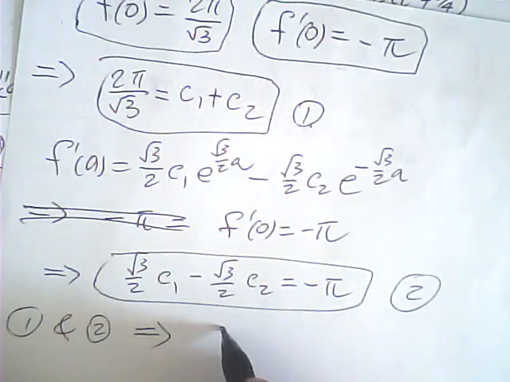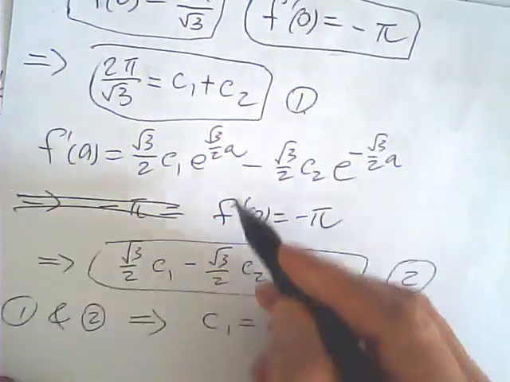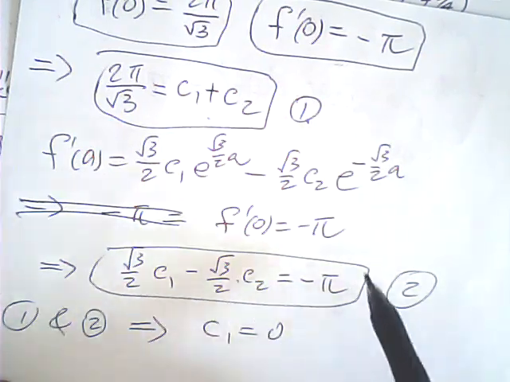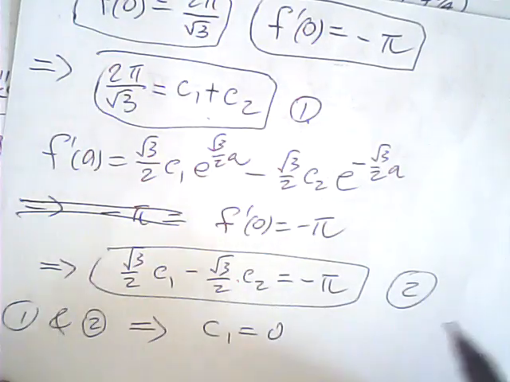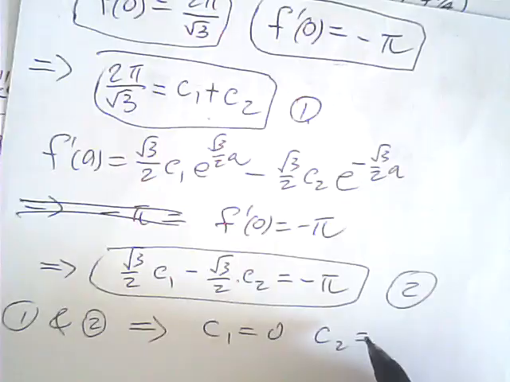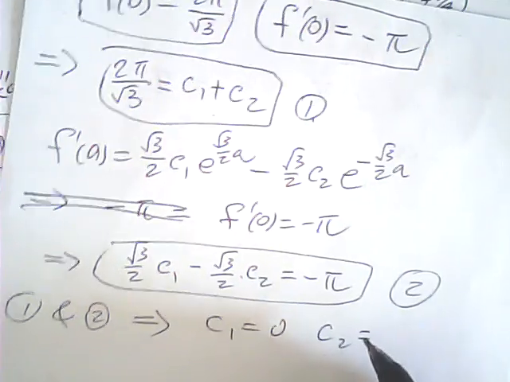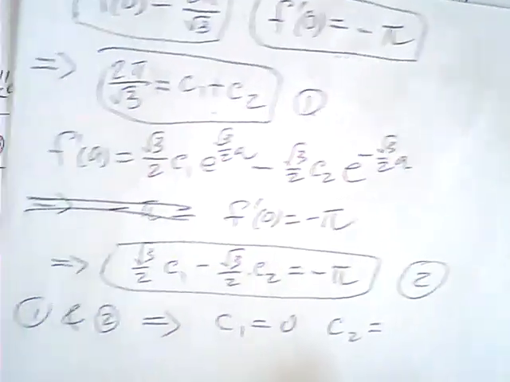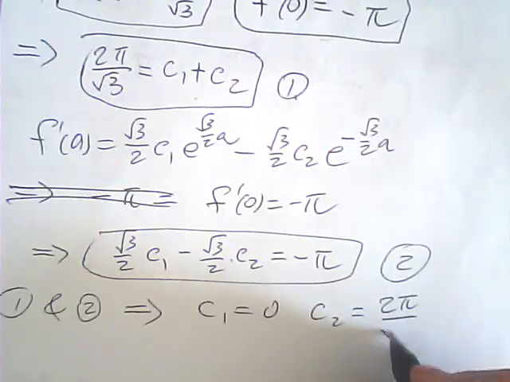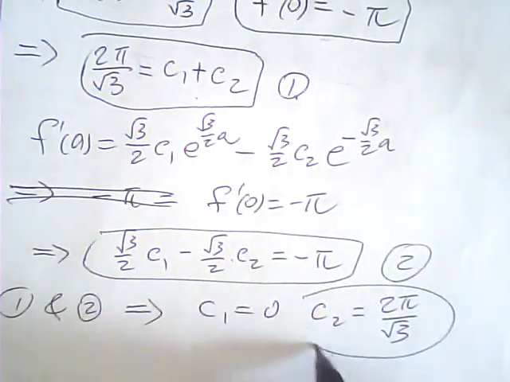They give the solution that c1 is 0, when you add them up, and c2 is equal to 2 pi over root 3. This is c2.